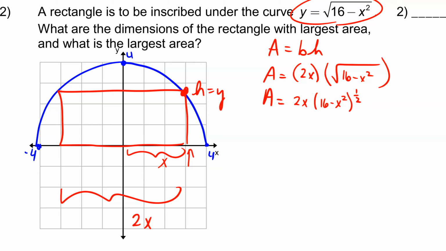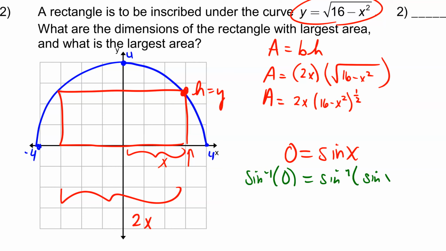And so on that first problem on your quiz, if I have something like 0 equals sine of x, sine is an operation. In order to get rid of sine, you have to do the inverse operation, which is literally sine inverse, sine to the negative 1 power. This is not part of the problem. I'm writing it here and I'm going to erase it in about 2 seconds. That's how you get rid of it. You can't divide by sine.